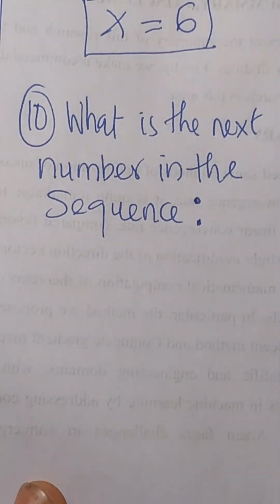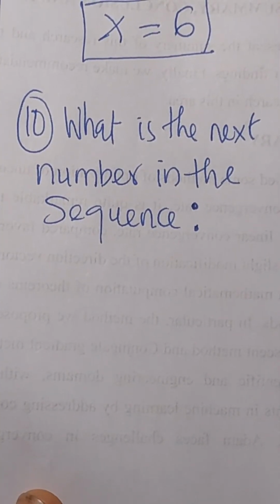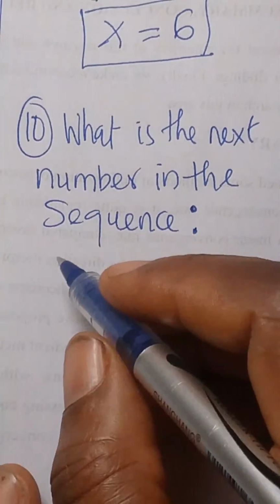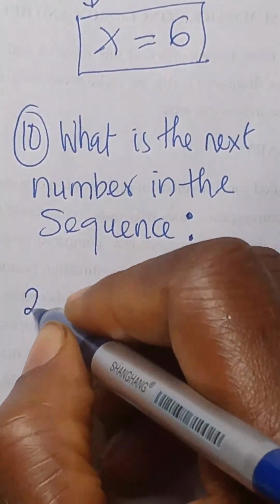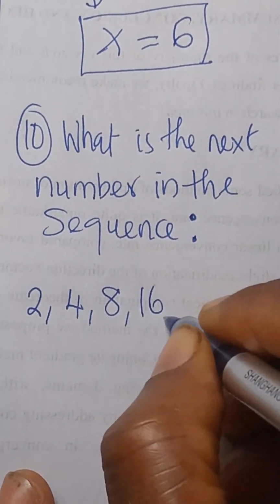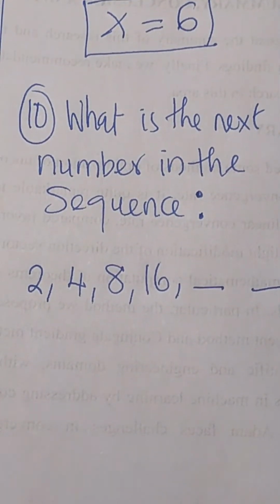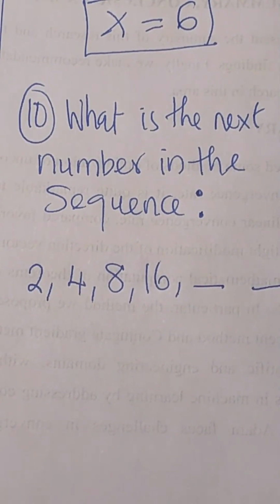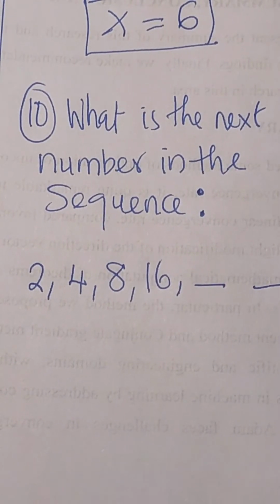All right. So we have 2, 4, 8, 16. So tell me the next number in this sequence.